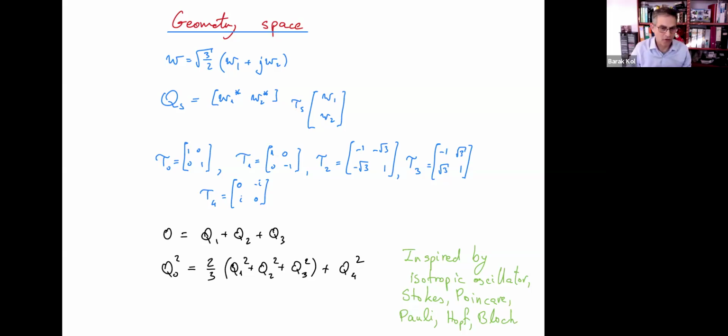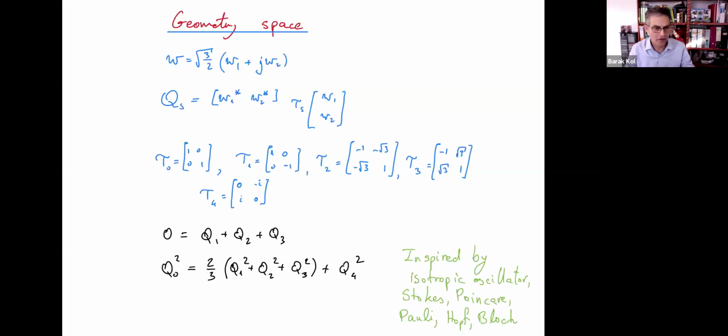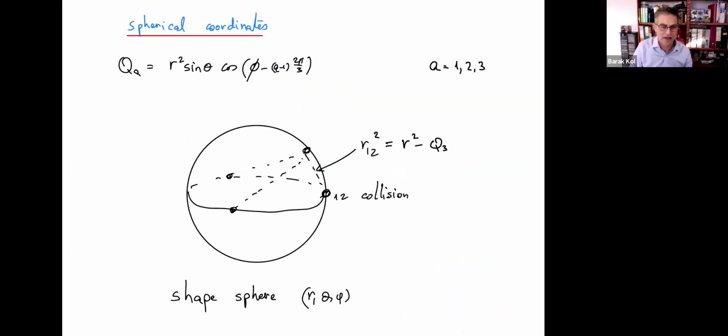Okay, good. So now let's look at this geometry space. So now, finally, we have these 5 Qs, but actually because of the 2 relations, there are only 3 of them. So it's a 3-dimensional space. So every point in this space gives us a shape of the triangle.